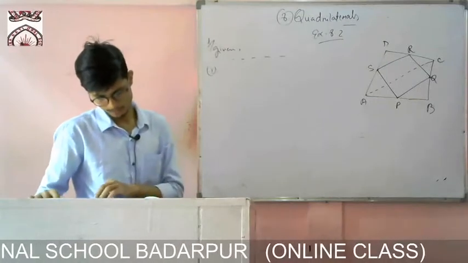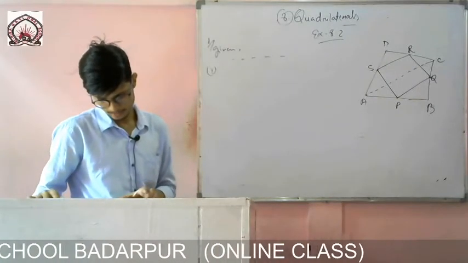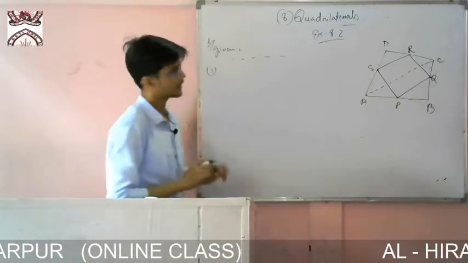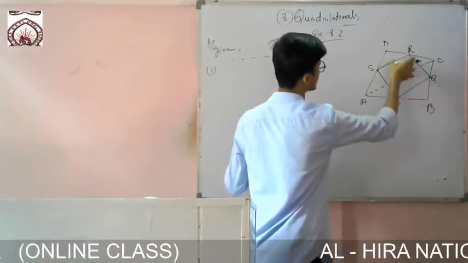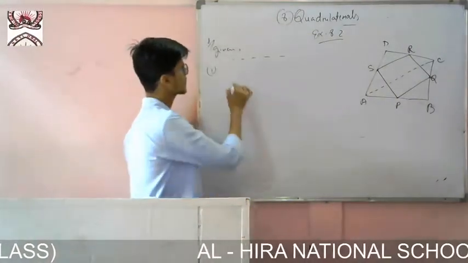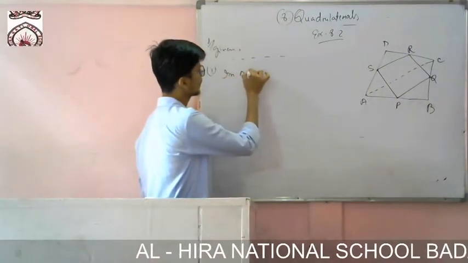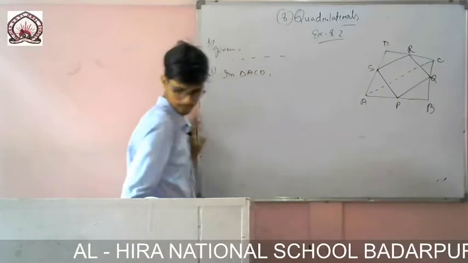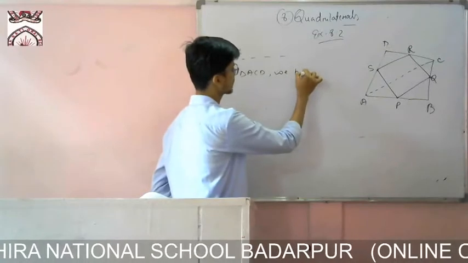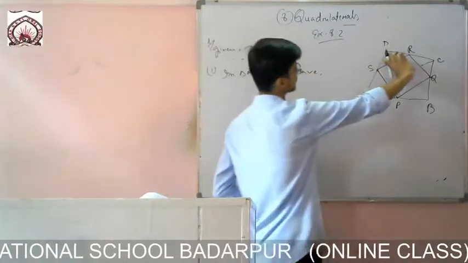Roman number 1, what I have to prove? That SR is equal to half of AC. So SR and AC are on this part, so I will take triangle ADC. So in triangle ACD, we have, I am taking this triangle.